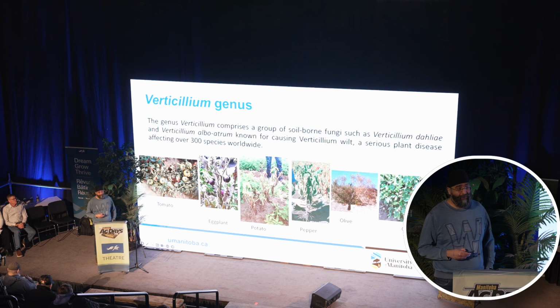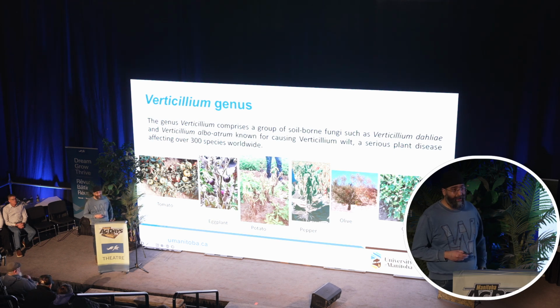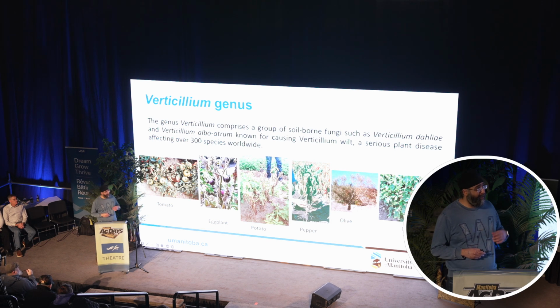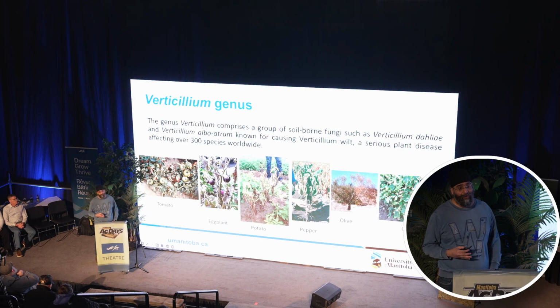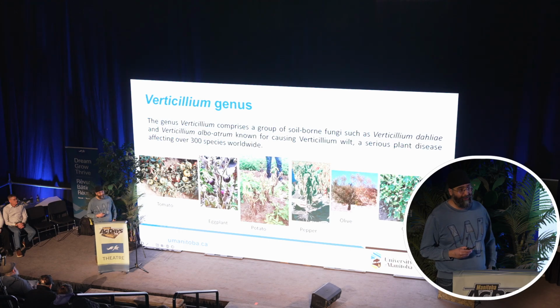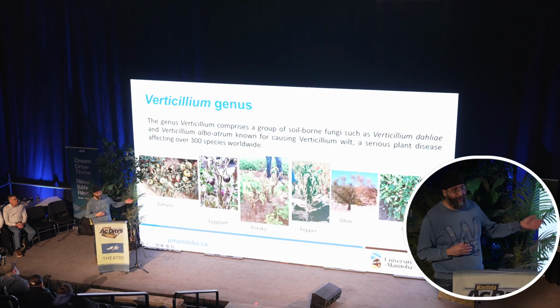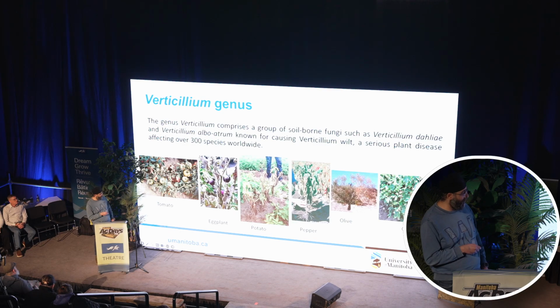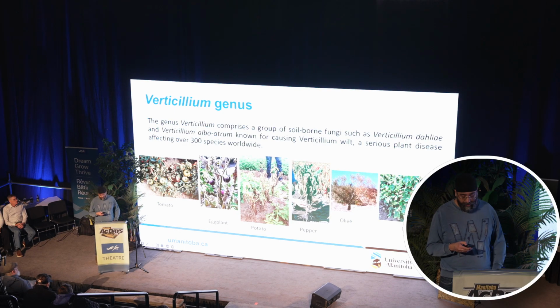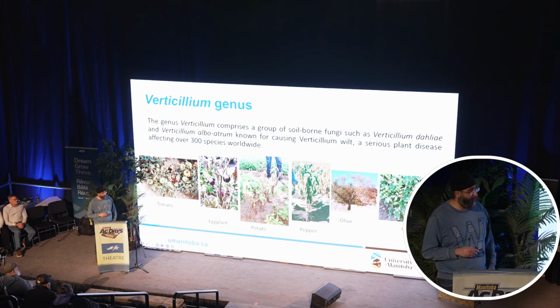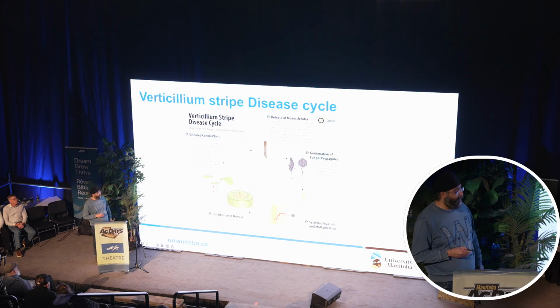It causes Verticillium wilt, which used to be a pretty big problem in potato. But the Verticillium we are talking about is Verticillium longisporum. It's a different pathogen, but it belongs to the same genus, and it has a narrower host range. Verticillium dahliae could infect a lot of things like potato, tomato, eggplants, whereas longisporum is confined mainly to crucifers.